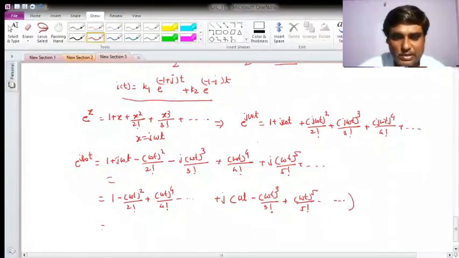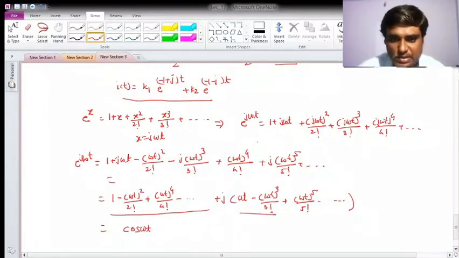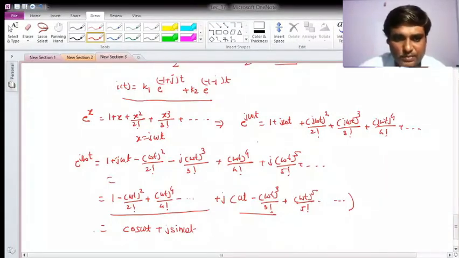And what is this? This is my cosine series, so it is cos omega t, and this is my sine series, so plus j sin omega t, and this is e raised to j omega t, right?